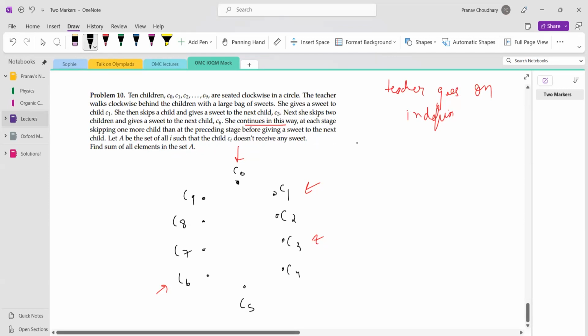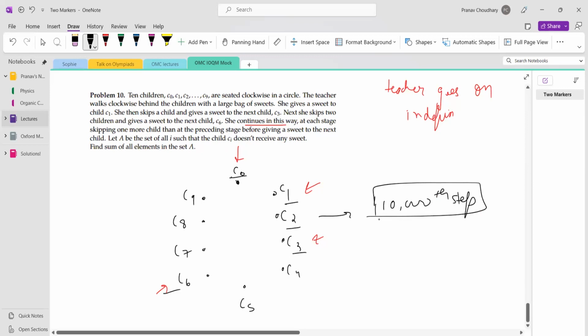So we know that the set A is finite, and obviously it won't be the set of all kids because these kids definitely do get a sweet, right? So eventually there must be some pattern. Let's say that C2 receives the sweet at some 10,000th step. That is very unlikely to happen.